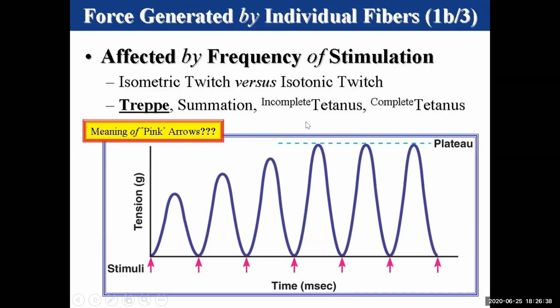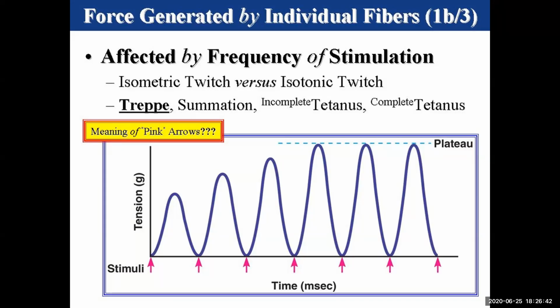The next one is called a treppe. This is an observation, but the exact molecular mechanism is still not clear to science. And let me explain. You have a capability in skeletal muscle tissue that's remarkably unique.